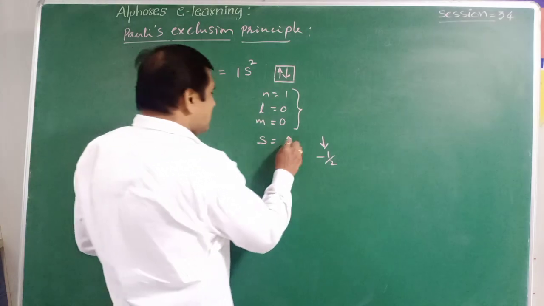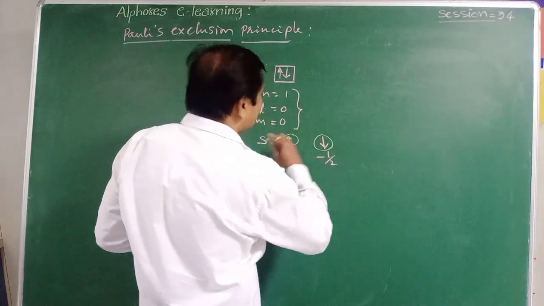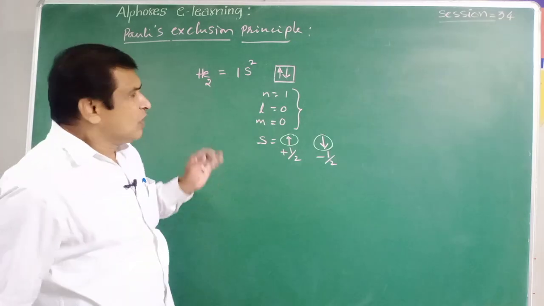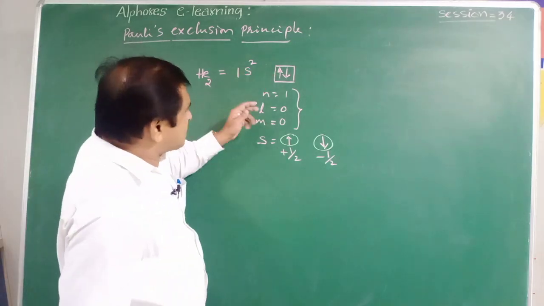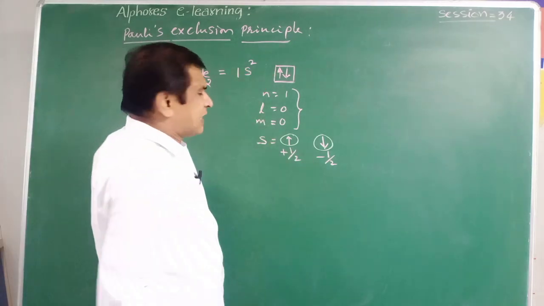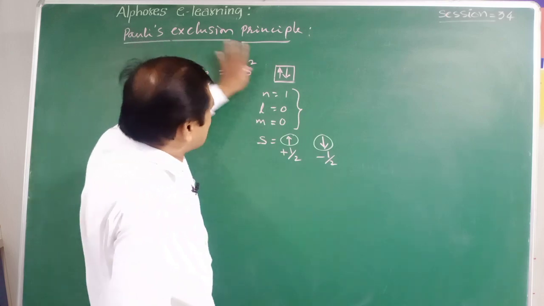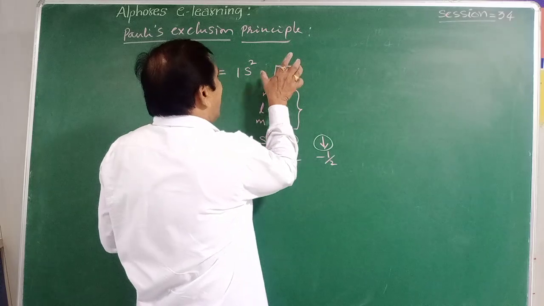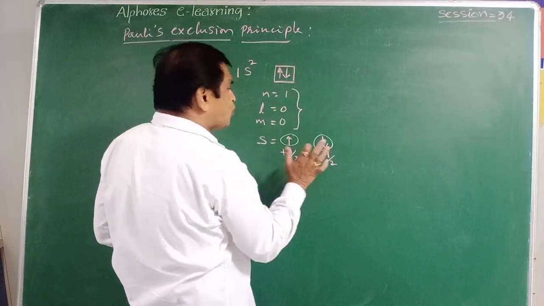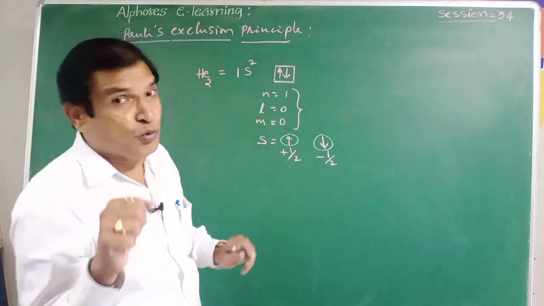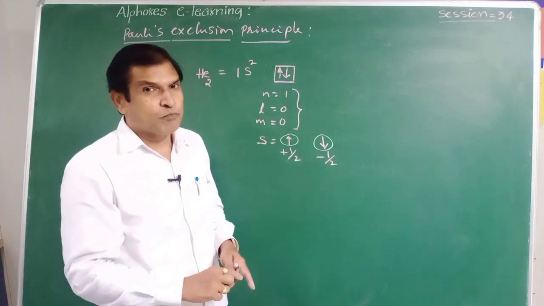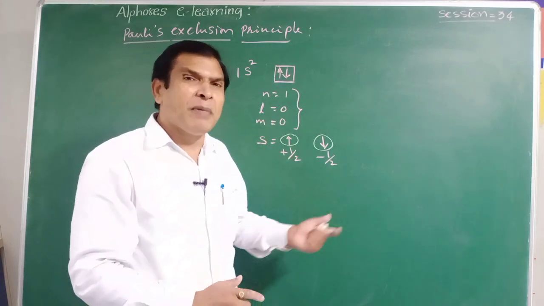Now, in an orbital, how many spin values are allowed? According to this example, in an orbital a maximum of 2 spin quantum number values are allowed, one is plus half, the other is minus half.